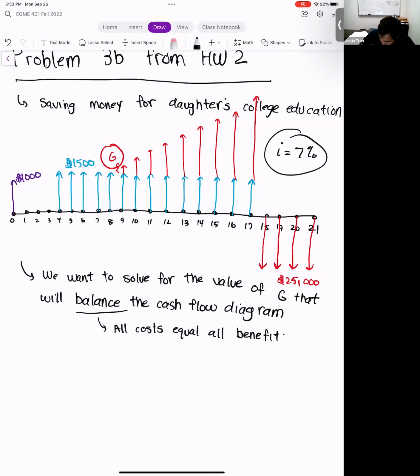But remember, when we're talking about cash flows that occur over many years, we have to do conversions in order to make equality. So we set all costs equal to all benefits, granted we perform the needed cash flow conversions so that all of these cash flows are in the same form.